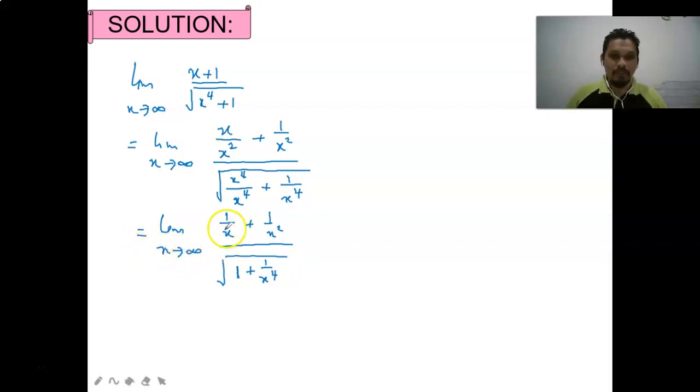Let's say positive here. These approach 0, 0, and 0. So then it is 0 plus 0 divided by the square root of 1 plus 0, which is 0 divided by 1, equal to 0.